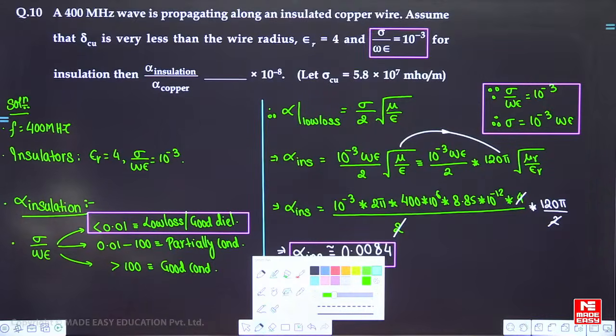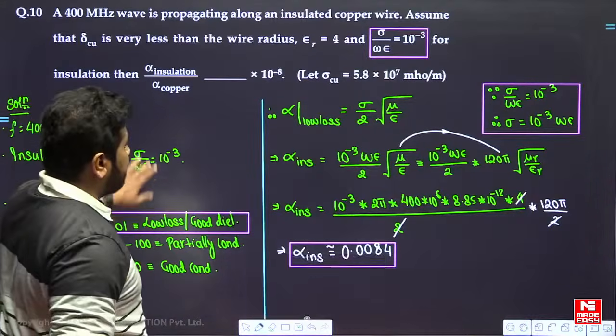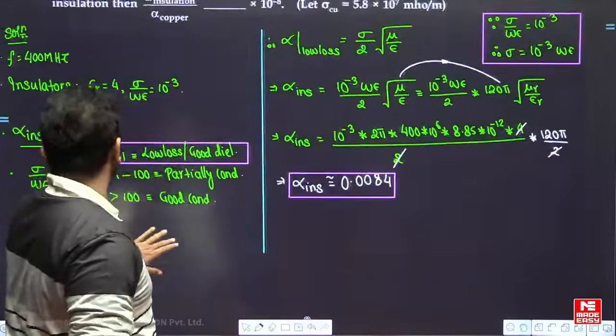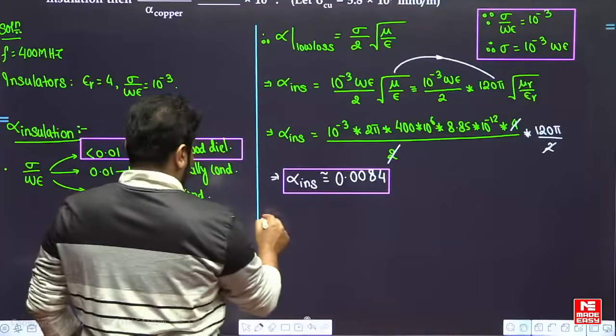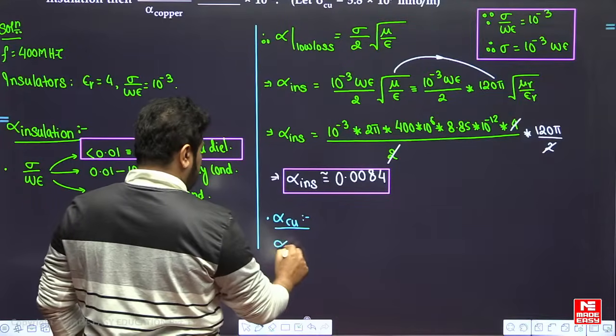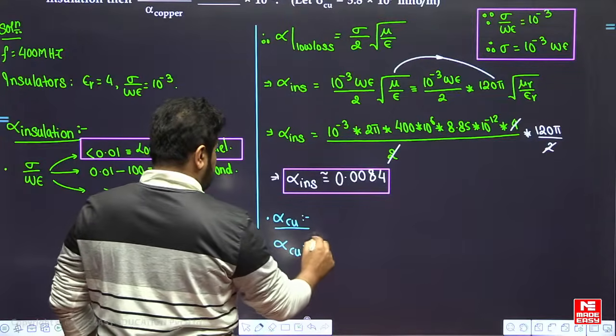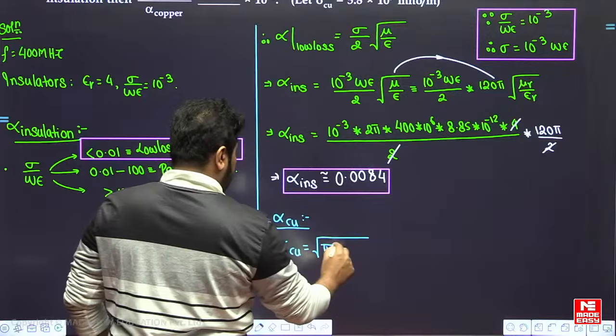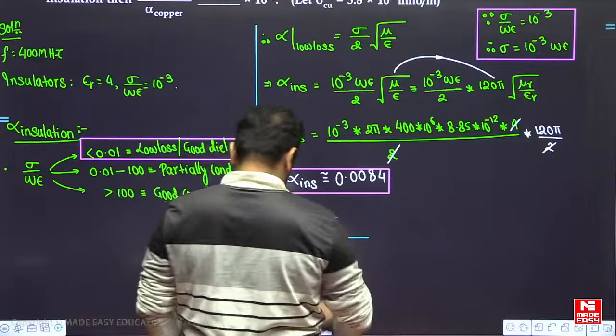Next we have to find alpha for the copper. We have done alpha of insulation, now what will be alpha of copper? It is very simple. Copper is a good conductor, so for a good conductor this is equal to root under pi f mu sigma. That direct formula we can write.